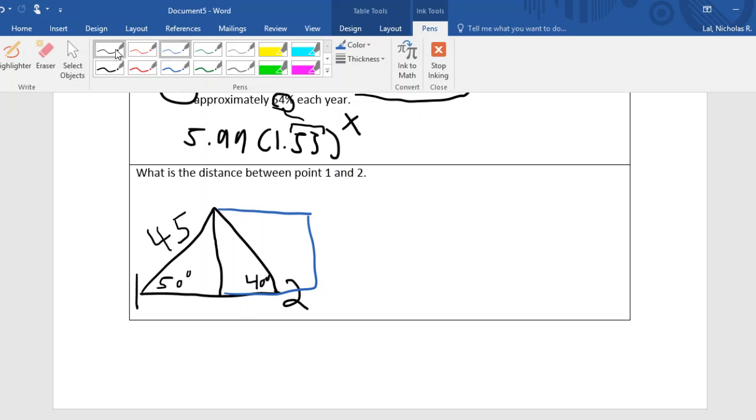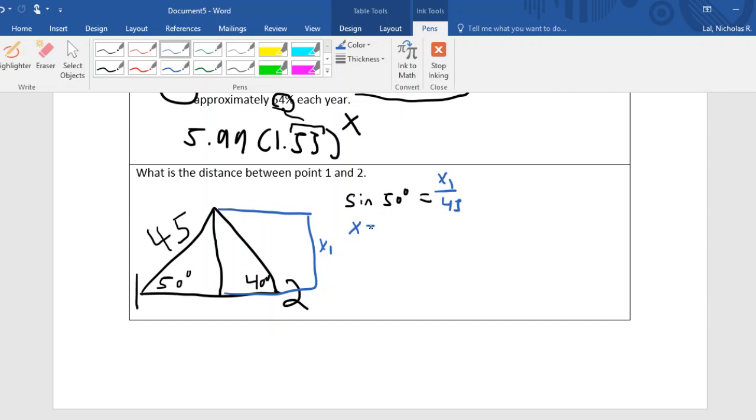Let's call this x1. The sine of 50 degrees is the opposite over the hypotenuse, so that's going to be equal to x1 over 45.